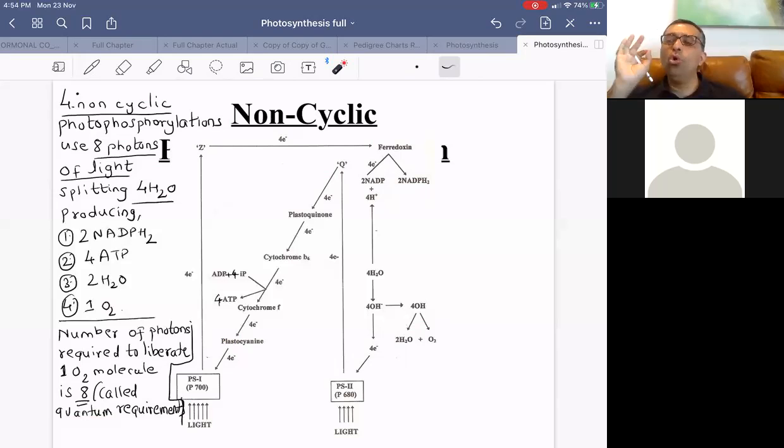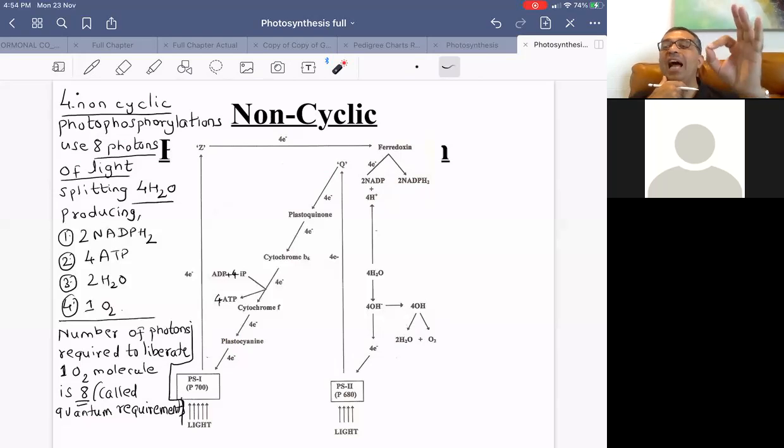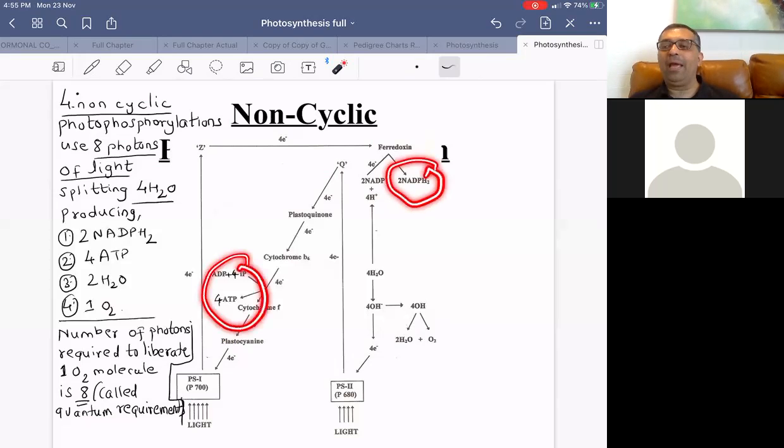Chalo. Beautiful process. Cyclic and non-cyclic photophosphorylation, something called the light reaction. We have a very beautiful process called the dark reaction, which we will do in the next lecture, in which carbon dioxide and water combine with NADPH2 and ATP.